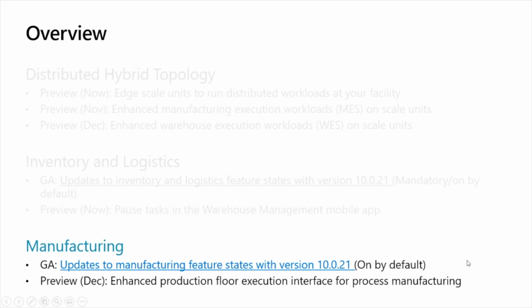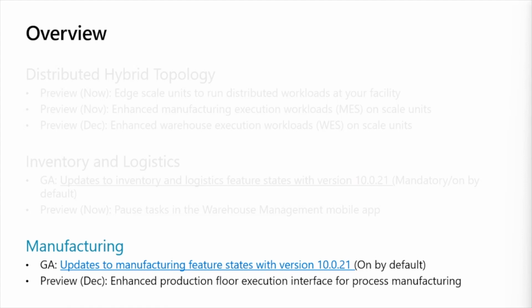In the manufacturing space, again, as I said, we've got these new feature states that have been introduced. So in manufacturing, some of the features that are on by default now, starting with this release, are the auto-generate license plate number for report as finished from the job card device, as well as printing labels from the job card device.